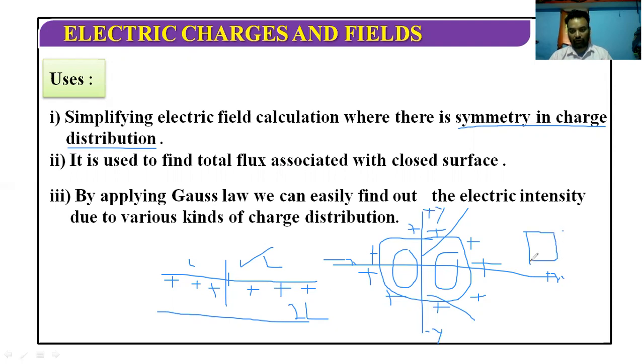In the cube also the same thing: we can divide the cube into any segments, so charges should be symmetrical. So we can find out the electric field at any point P at a distance r from the center of the cube, centroid of the cube, or from the center of the sphere, or from the center of the road. यहाँ पे कोई पॉइंट P लेके.